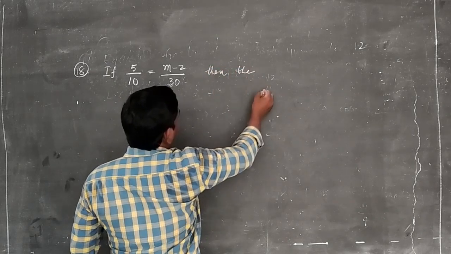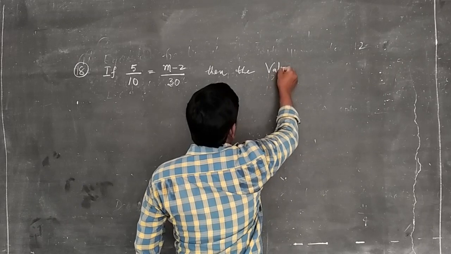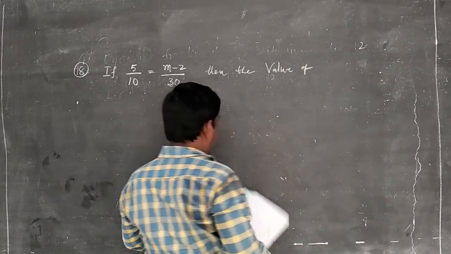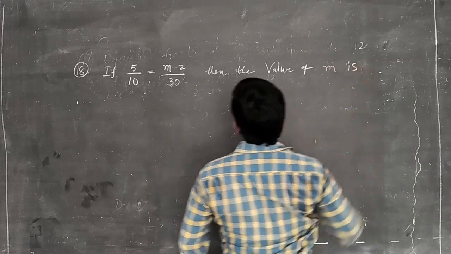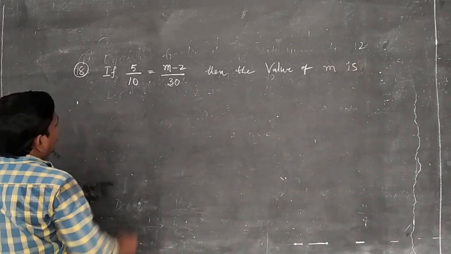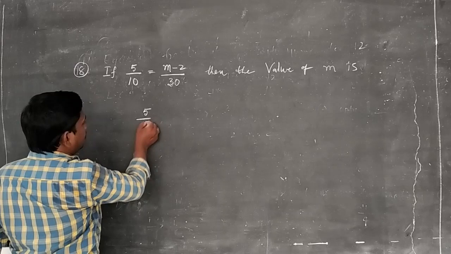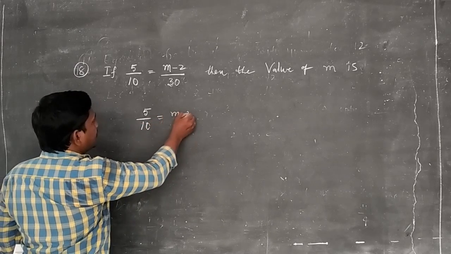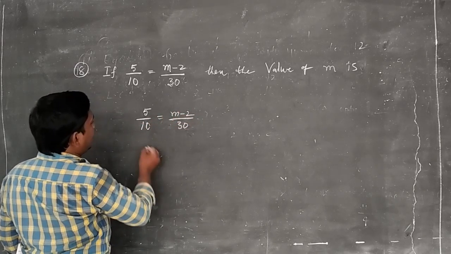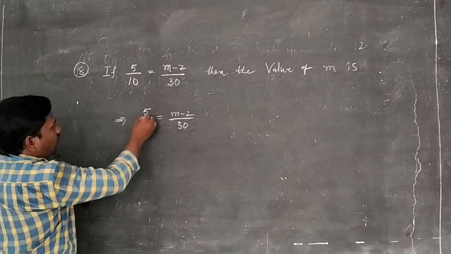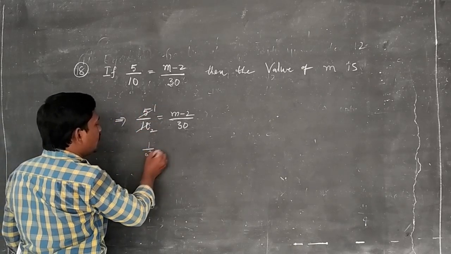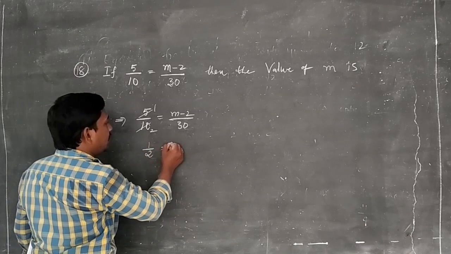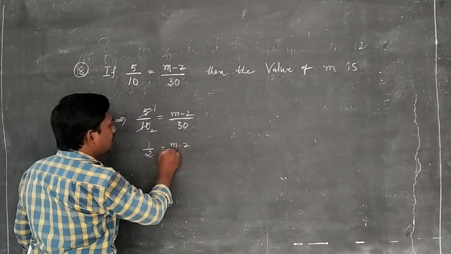Now simplify. 5 by 10 equals m minus 2 by 30. Now simplify: 5 table 1 time, here 2 times. 1 by 2 equals m minus 2 by 30.